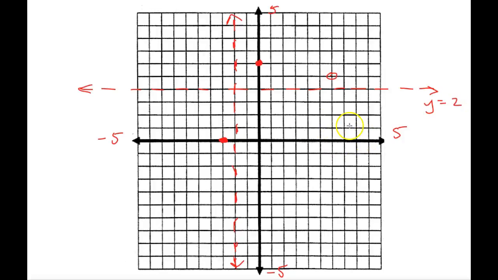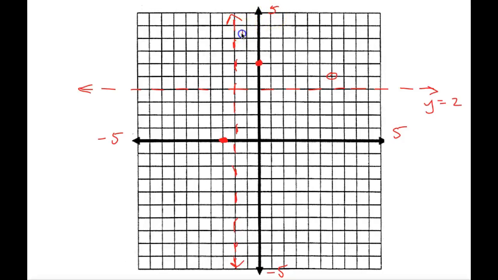Now, of course, the last thing that we need to do is put in our information about the behavior around the vertical asymptote x equals -1. If you remember, we said that our function acts a lot like the graph of 1 over x plus 1, meaning just like 1 over x shifted over horizontally by 1 unit.